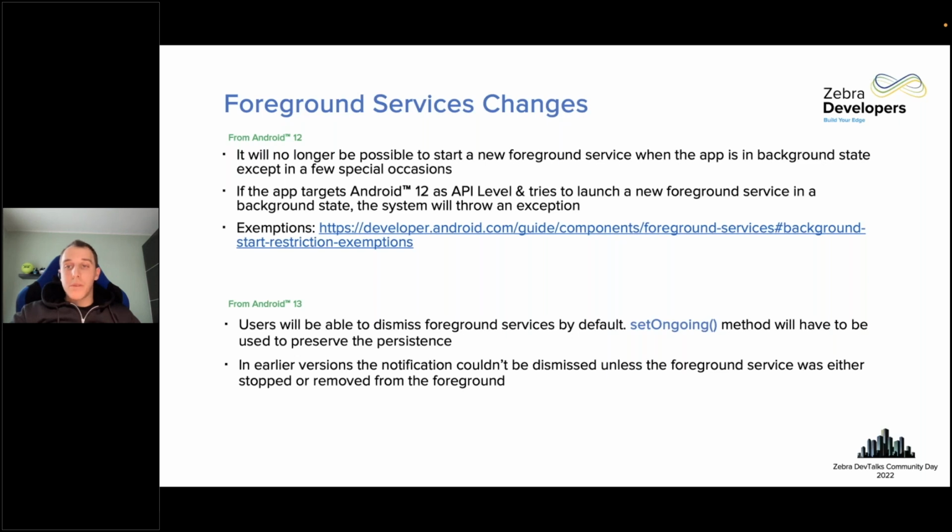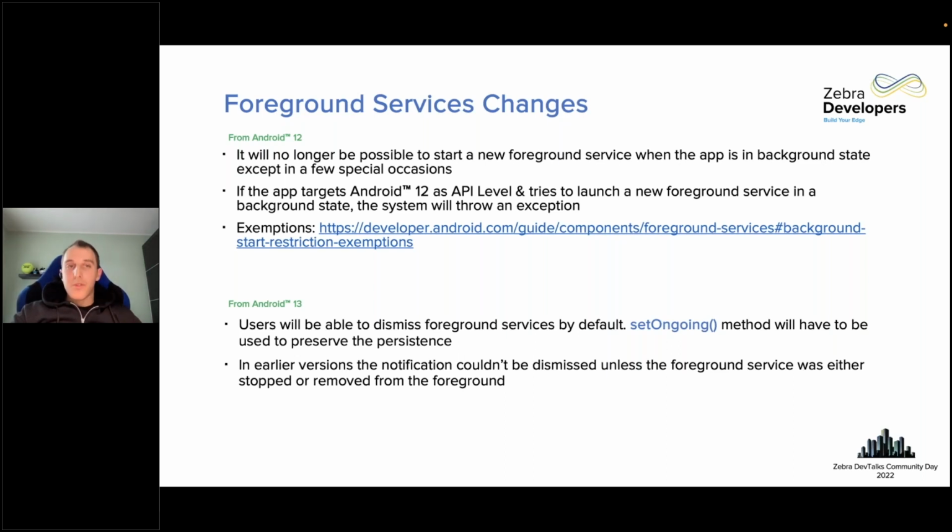So by default, the foreground services will not have persistent notifications anymore. But if you want to keep that in place, just add the set ongoing method while creating the notification with the notification builder inside your code.